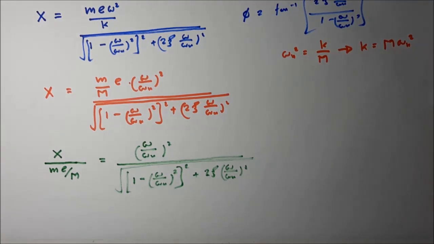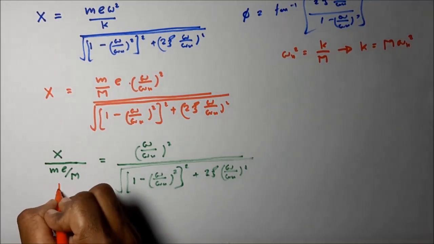This is the equation we finally obtain. This is called the normalized magnitude.